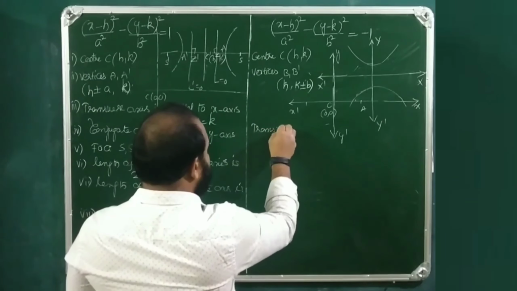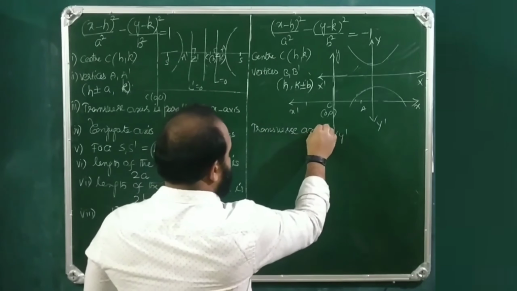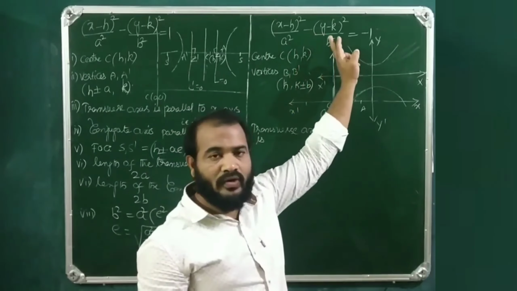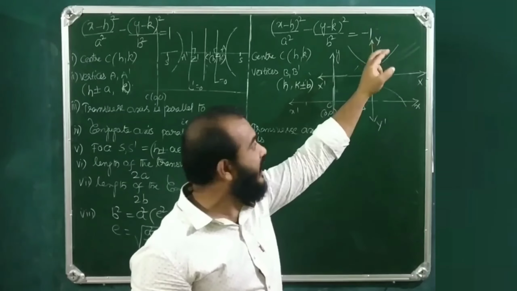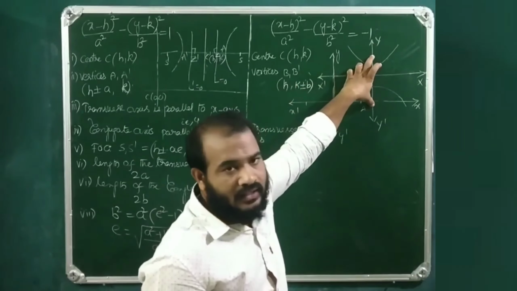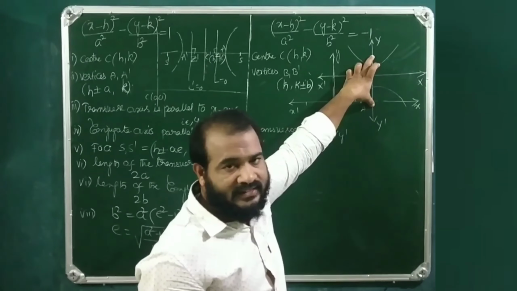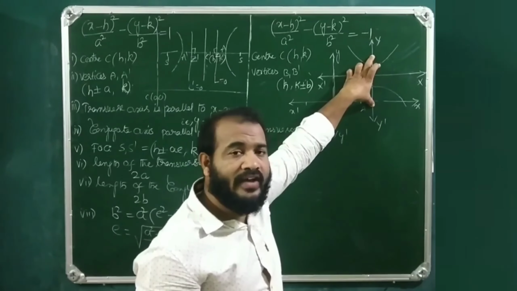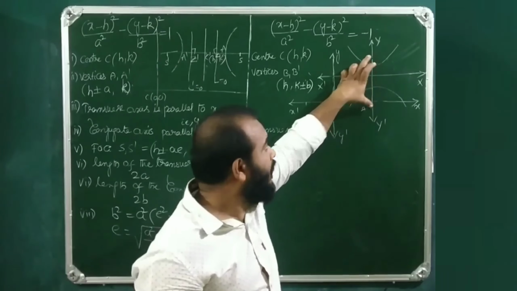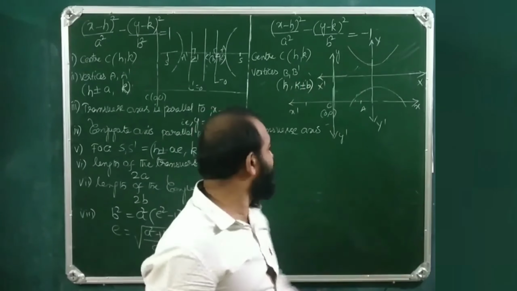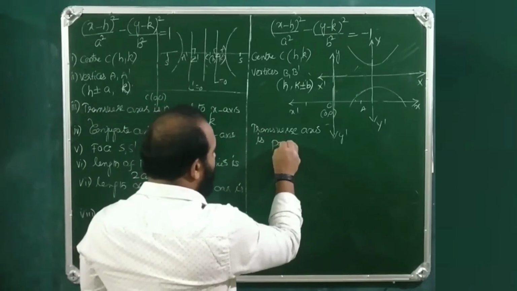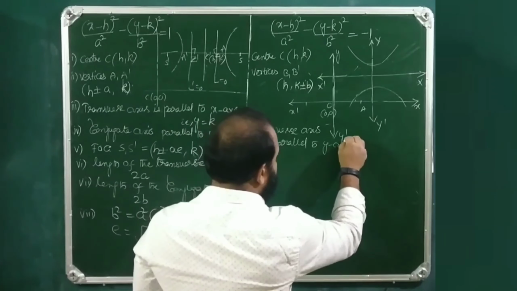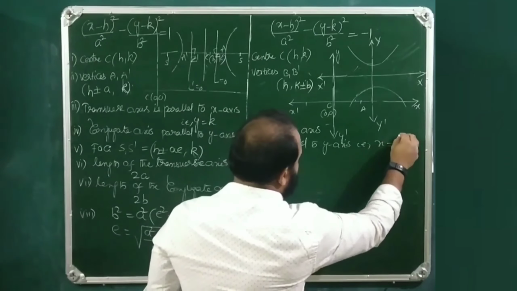Transverse axis: earlier, for x square by a square minus y square by b square equals to minus 1, the transverse axis is along the y axis. Along the y axis means x equals to 0, but here it is parallel to the y axis. The transverse axis is parallel to the y axis, that is x equals to h.